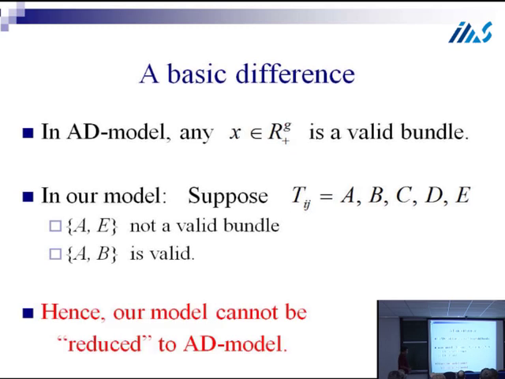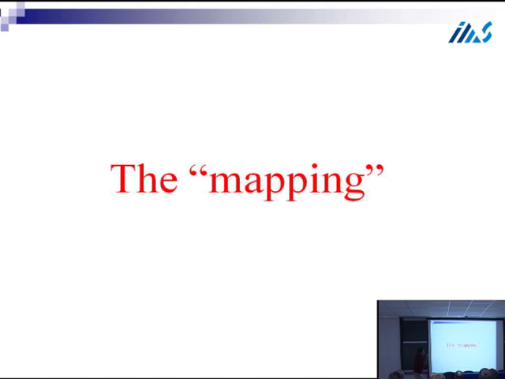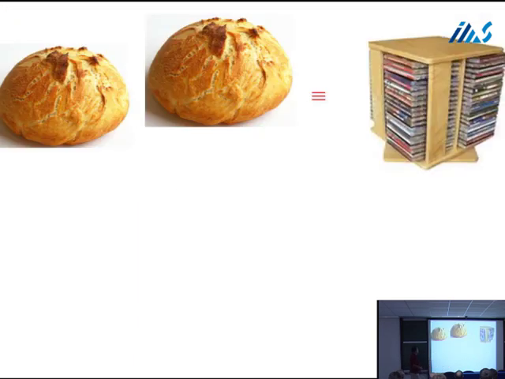So this model cannot be reduced to the ROW model. But let me show you what our mapping is, quote unquote mapping, and you'll see why I call it a mapping in a moment. Suppose this is our allocation of the available amount of bread, which I've called 1 unit, which happens to be 2 loaves, and this is sort of equivalent to the total number of songs we have in this one category.